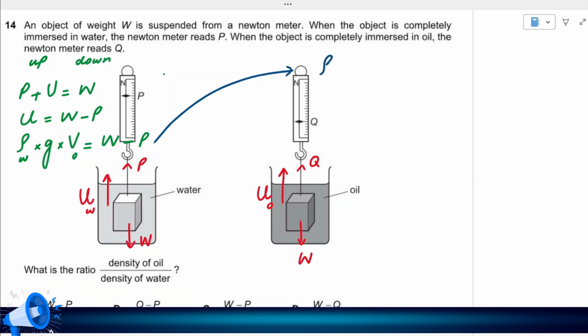So for the second object, oil, it would be density of oil times g, volume of object would be the same, equals weight, which is the same, minus the force on the spring balance. In this case it is not P, rather it is Q.